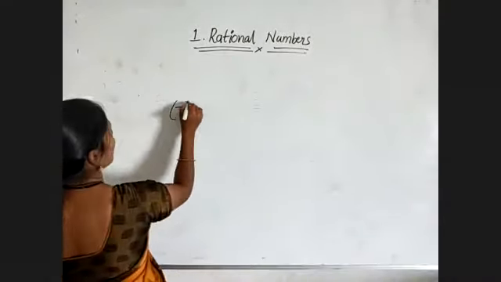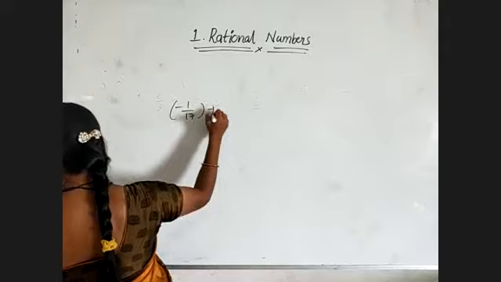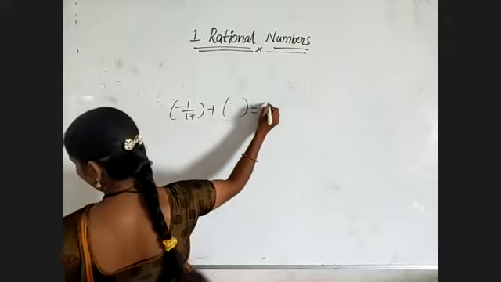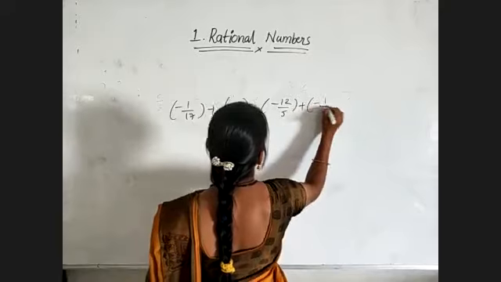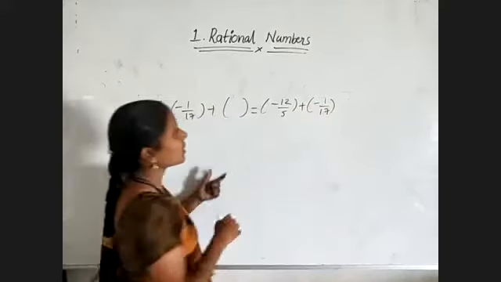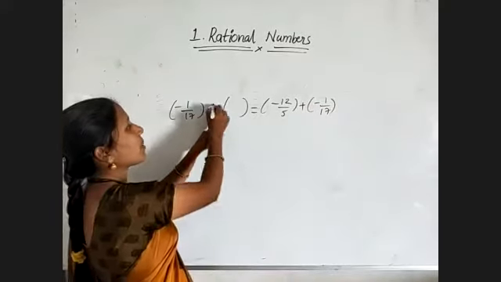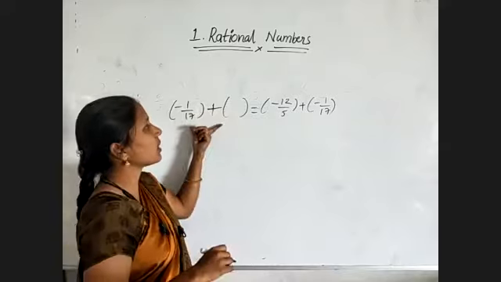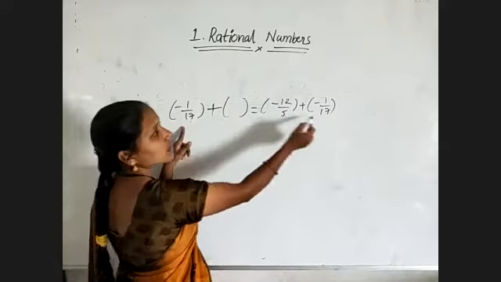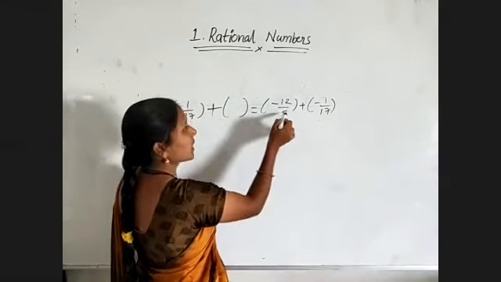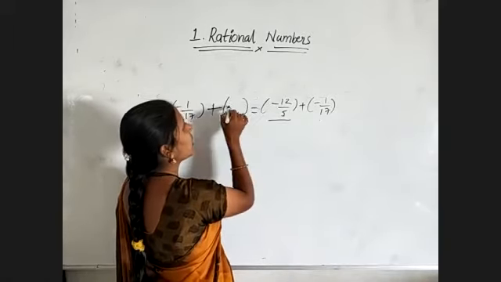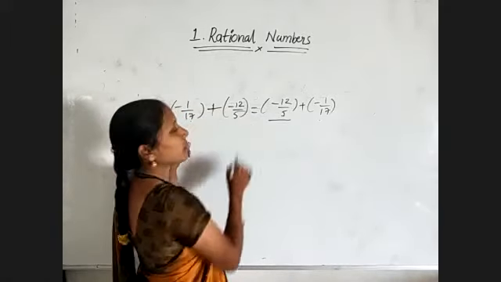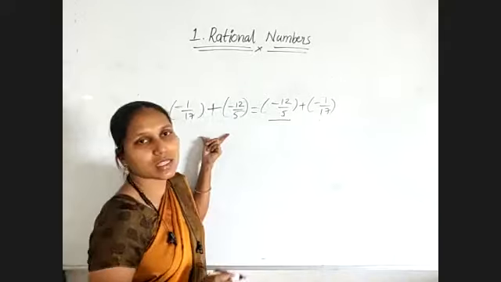For example, minus 1 by 17 plus dash is equal to minus 12 by 5 plus of minus 1 by 17. Just observe here, plus addition operation and the two numbers. First number was taken to the second place. That means the second number will be taken to the first place. So which property is this?